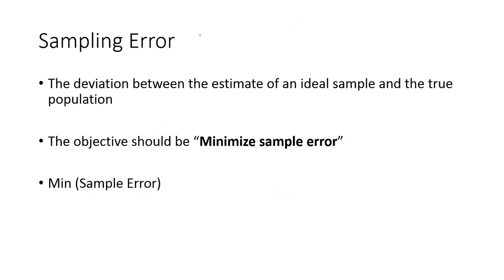One thing we come across in inferential statistics, or while building models using samples instead of a population, is what we call the sampling error. Sampling error is defined as the deviation between the estimate of an ideal sample and the true population. Remember, when we build a predictive model, we find the estimates.